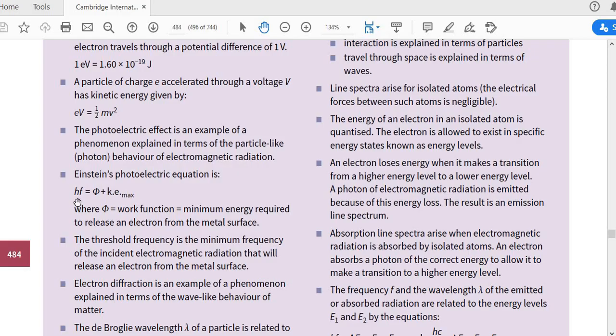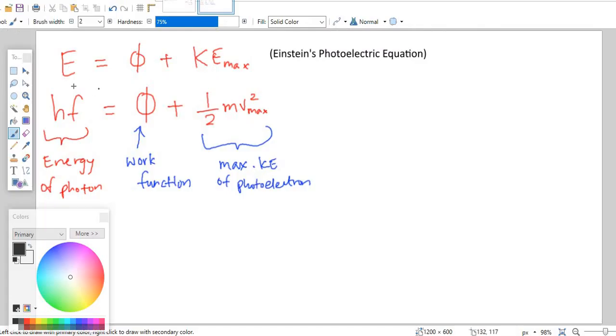So one photon removes one electron. When the electron gets removed, the electron is called a photoelectron. Alright, so this is the formula. E is the energy of the photon. This phi is called the work function of the metal, and KE max is the maximum kinetic energy of the photoelectron, because once it is emitted, it will have the maximum kinetic energy, because afterwards it can slow down, it will lose its energy.